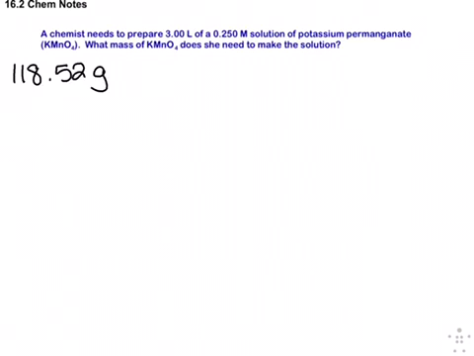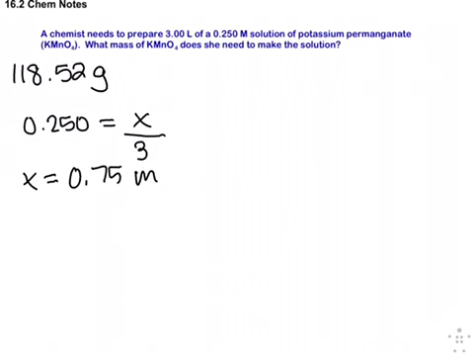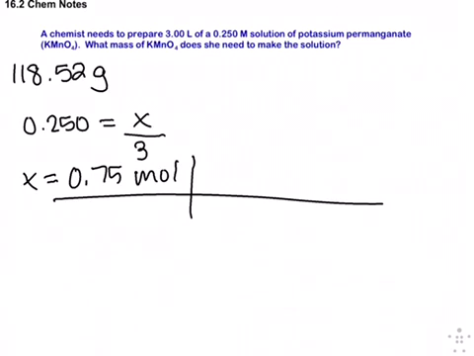All right, so you are given that your molarity is 0.250. You don't know how many moles of solute you have, and you know you have 3 liters. So you need to solve for your moles of solute, and you should get this to be 0.75 moles. Okay? Then all you have to do is convert that moles into grams.